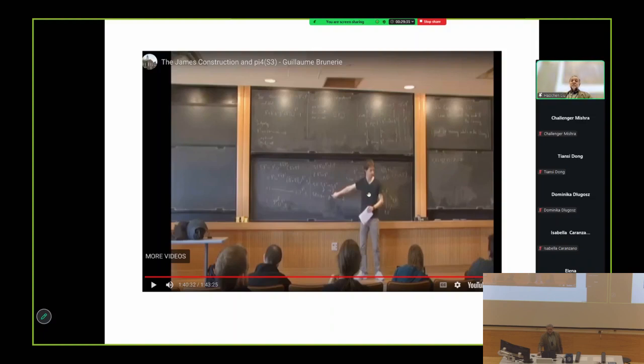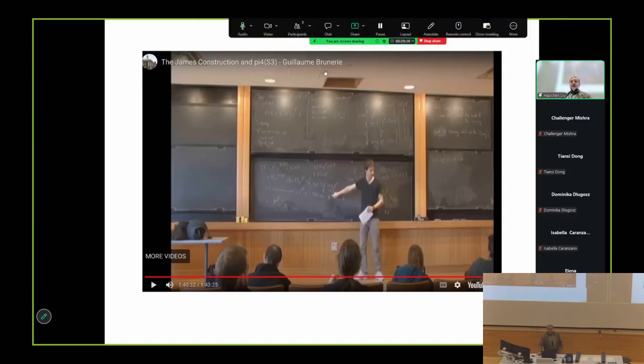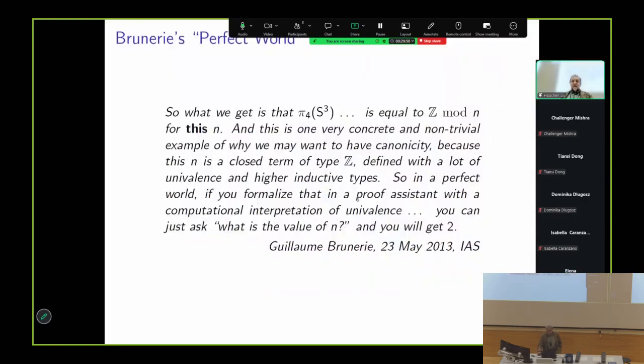So here's Guillaume Brunerie giving a lecture at the Institute for Advanced Study. You can Google this if you want to and watch this video. And here at 1:44:32, he points to the board and he says, so what we get is that pi4 of S3 is equal to Z mod n for this n.